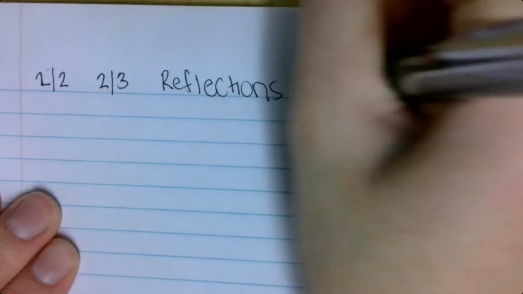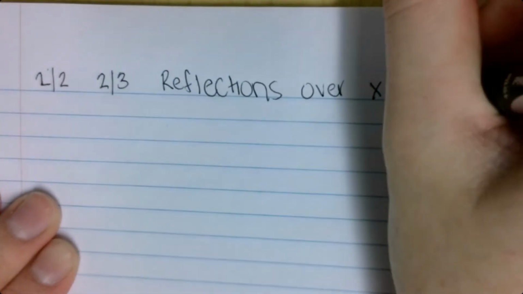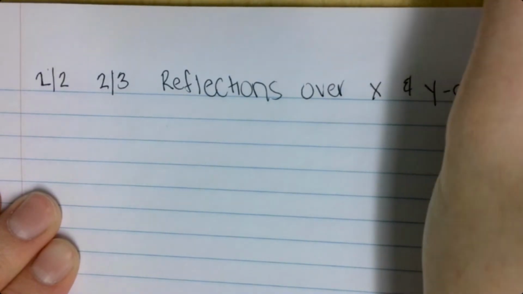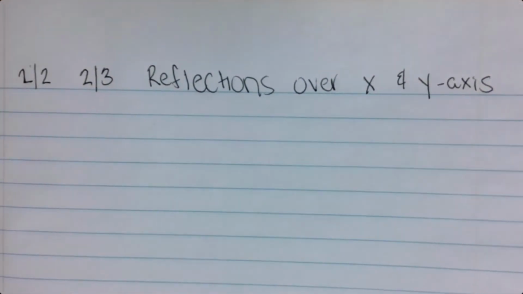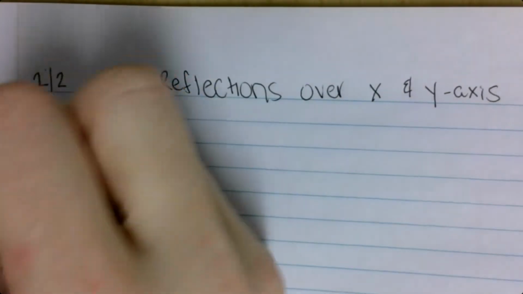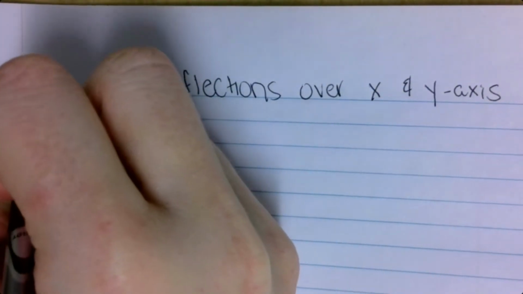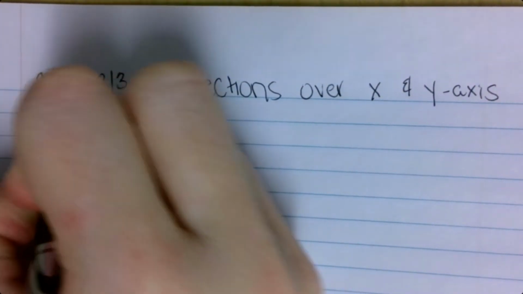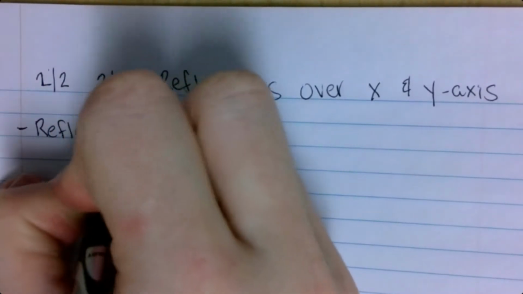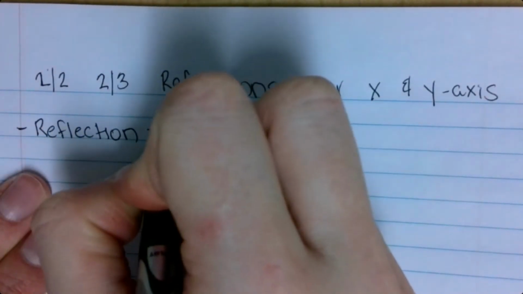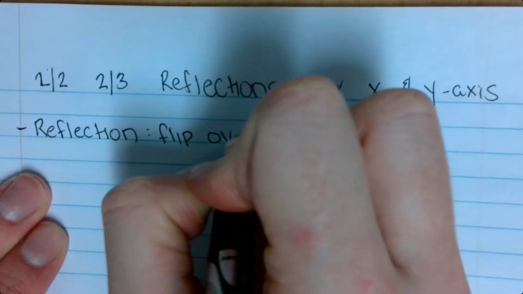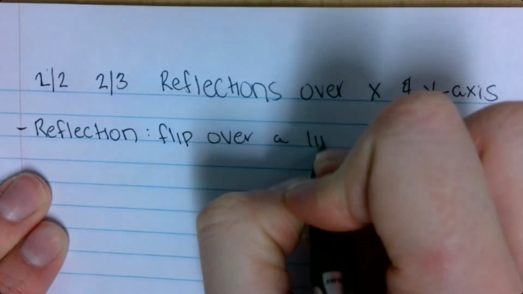So, again, today what we are doing is reflections. We're still on those transformations, and this is going to be over the x and y axis. We are just focusing on the x and y axis with these reflections. So first, let's review what a reflection is, right? So a reflection is a flip over a line.